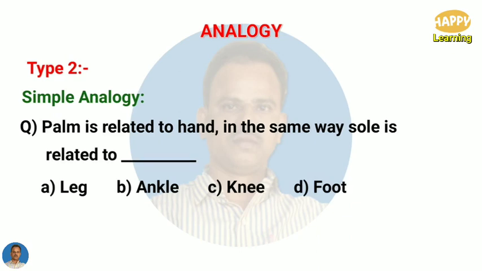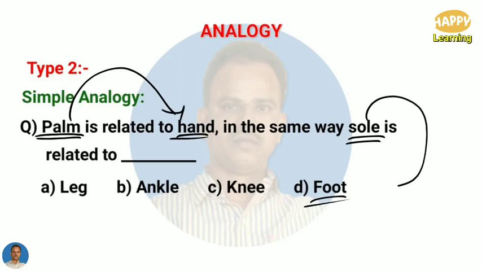So palm is a part of our hand, and similarly sole is a part of our foot. So foot is the answer. Palm is there in the hand, sole is there in the foot. Okay, right. Next question.